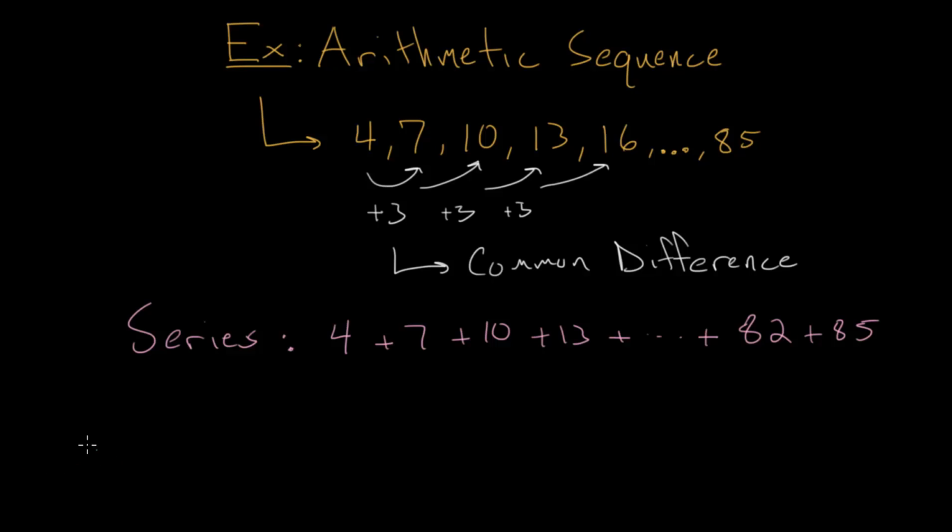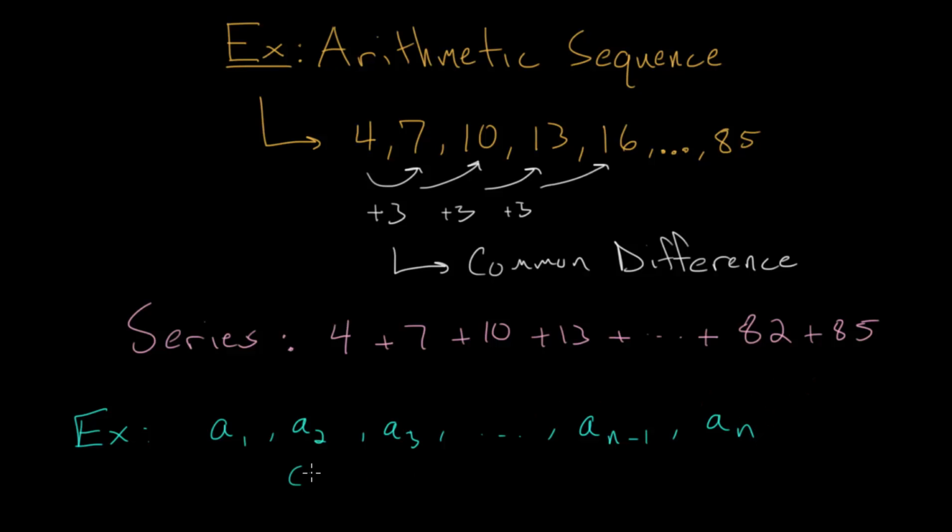So let's say you have some general sequence where the first term is A1, then A2, A3, and so on, all the way up to A sub n minus 1 and A sub n.